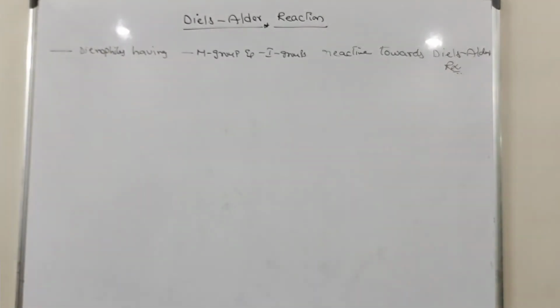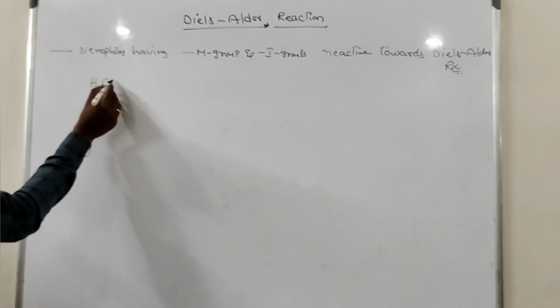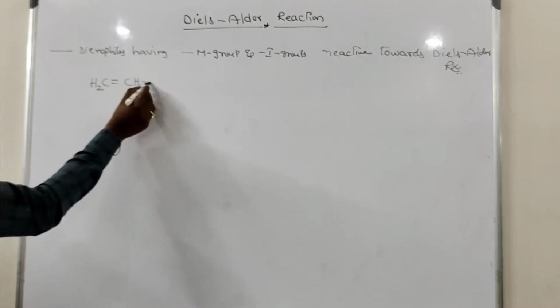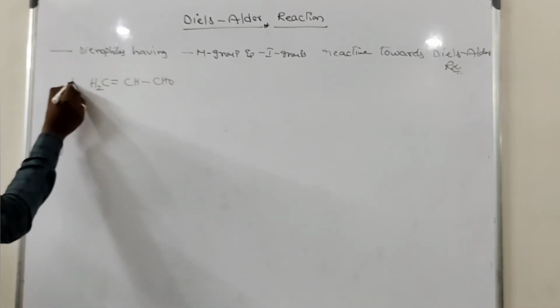So first we have to know which type of dienophiles are there. Examples: vinyl CH2 double bond CH-CHO, a minus M group is there, CHO.